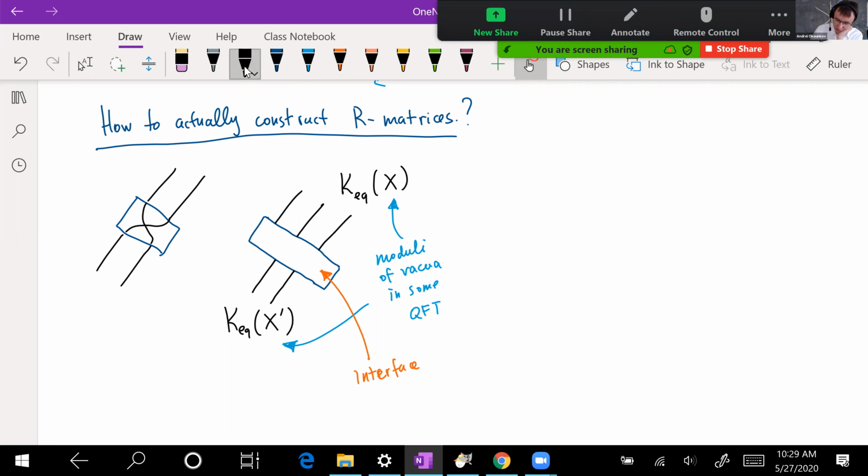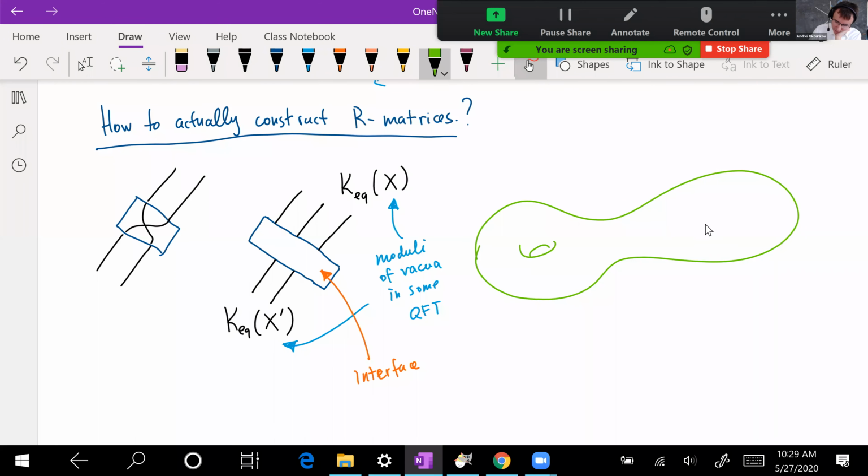So this is like the particular for the R matrix. You can imagine a situation where we had our Riemann surface, which let's see, green. So the space-time, and we had some quantum field theory living on that. There's some fluctuations. So maybe I'll just draw some.